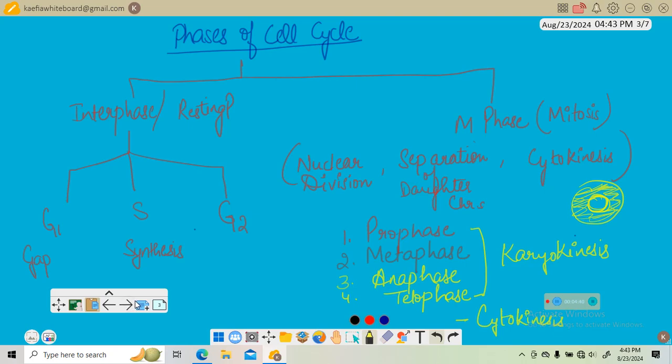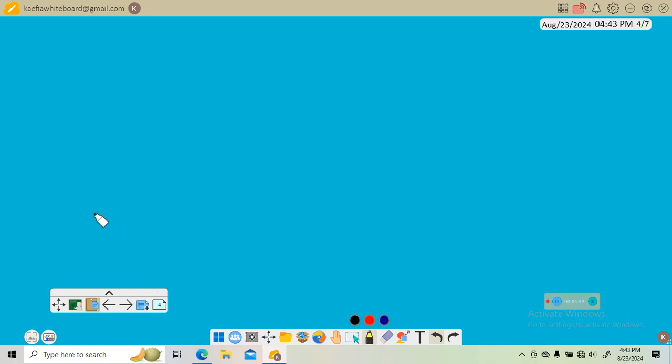Now interphase is between two successive M phases. When I draw the diagram, this is G1, this is S, this is G2, this is M phase, again G1, and here is another phase, G0.